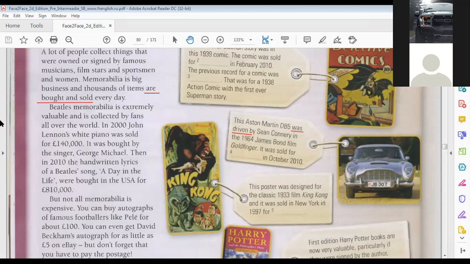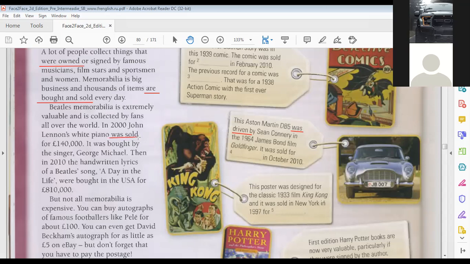A lot of people collect items that were owned or signed by famous people. But where is it exactly, the passive? Which part? Were owned. That's correct. Okay, what else? Lennon's white piano was sold for. Correct. Was sold, correct.